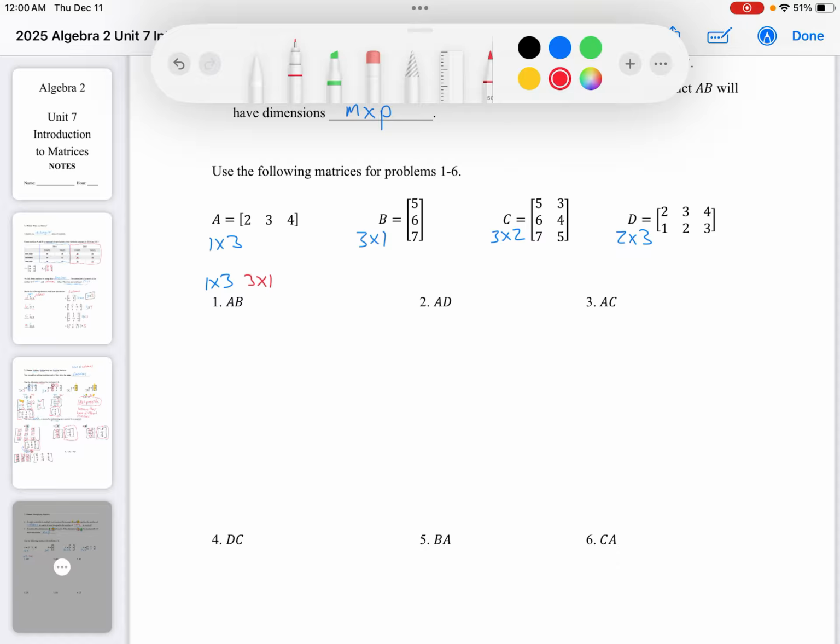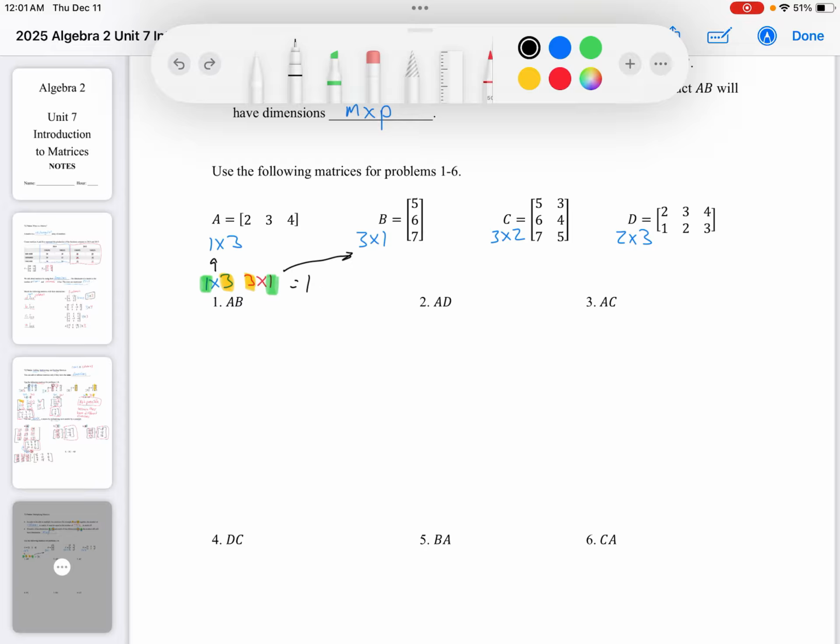To determine if these can be multiplied together, we look at the middle numbers. The columns from matrix A and the rows from matrix B have to match, and they do. Both of these middle numbers are a 3, which means they can be multiplied together. The other numbers tell me what the dimensions of my product will be. I'm going to expect to get a 1 by 1 matrix.